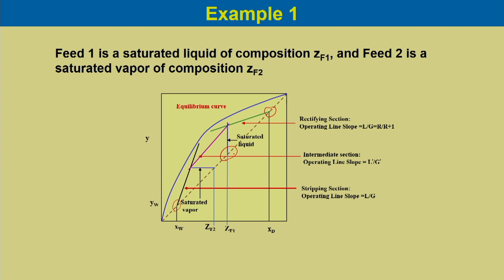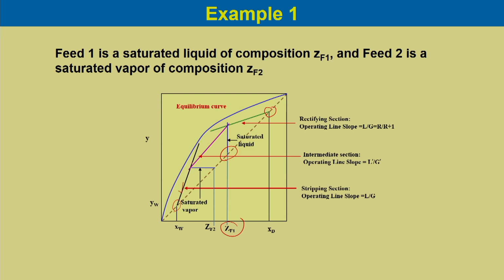So, feed 1 is saturated liquid, so its Q value is 1 and its slope is infinite. So, it will be a vertical line from the feed composition ZF1. This is the Q line equation for saturated liquid, and this is the feed line equation for the saturated vapor.